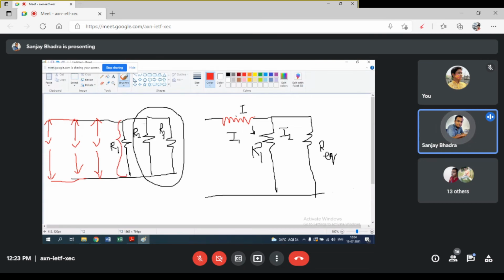But if we have a drop V over here, because there is a resistance here, you will not get the same drop across here. You will get some other drop, let's say V1, where you can write V is not equal to V1, because there will already be a drop over here. That is why we will not get the same drop. Is that clear?